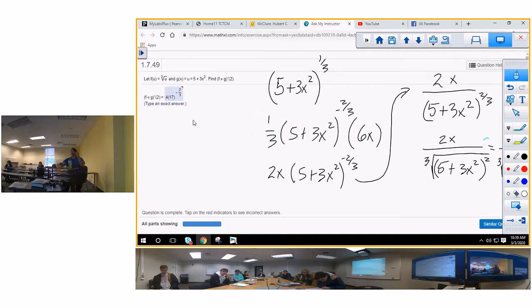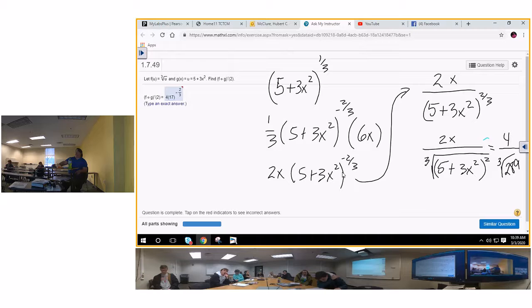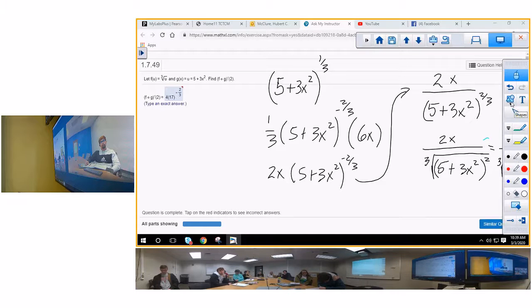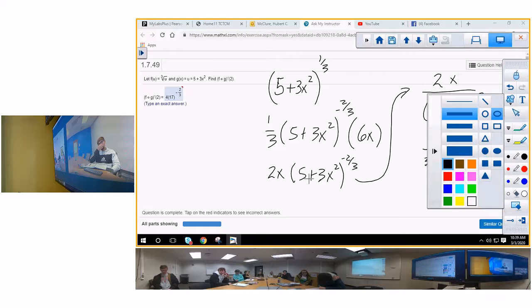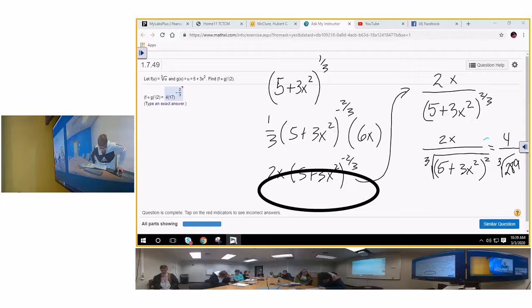So make a note. And they put it to the negative. That's why mine's downstairs. You could do it right here. 2 times 2 is 4. That would be 17 to the negative 2/3 power. So it looks like to me you could just, let's see if I can do this. No, I can't.